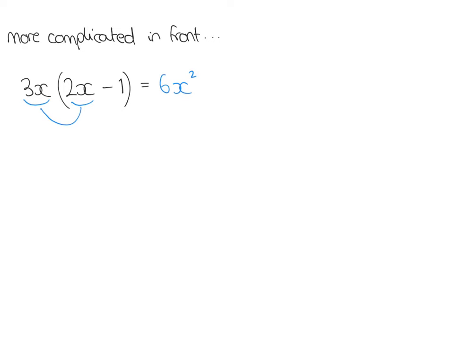Then we're going to do 3x multiplied by minus 1. Positive and a negative, so we're going to get a negative answer. And it's 1 times 3x, so minus 3x.